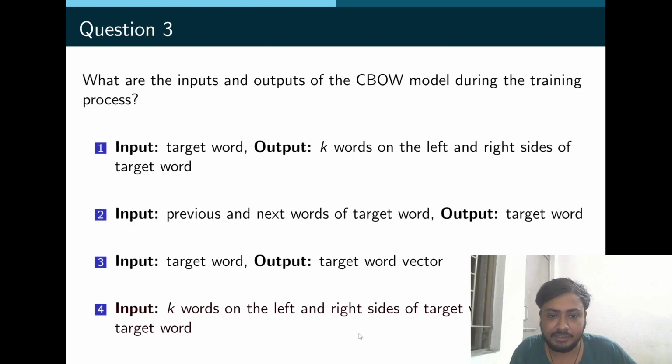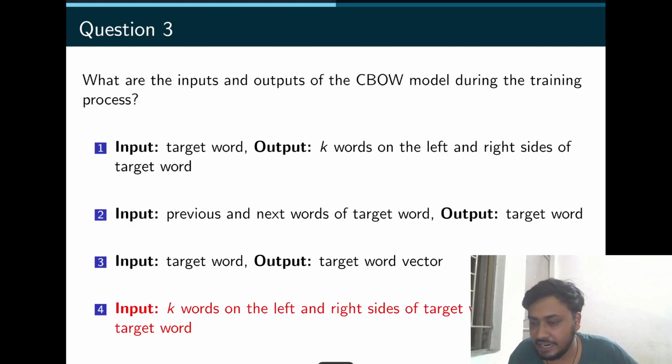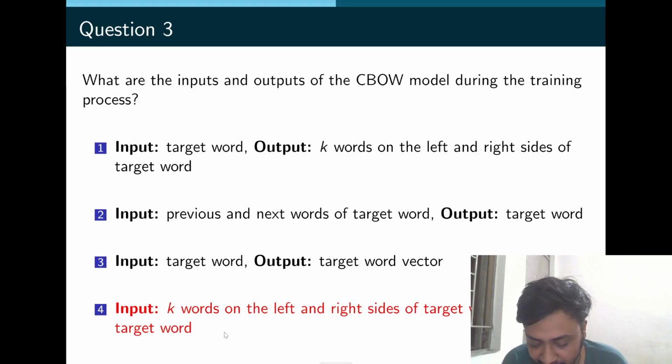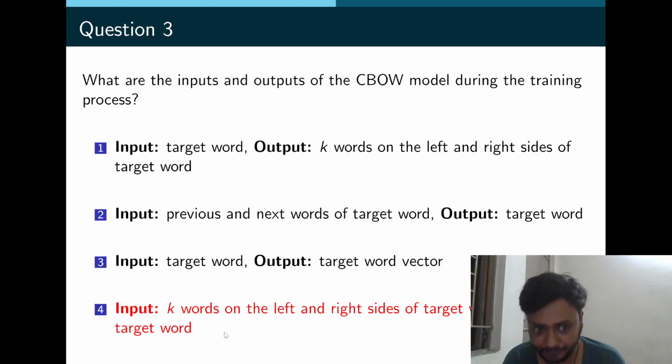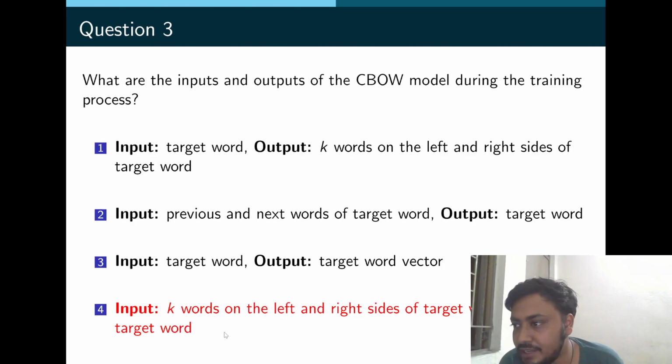All right, indeed you are right. This is option one. So when we do the predictive models, as you know, there are two predictive models. One is CBOW and the other is skipgram. In these two models, we feed the entire sentence, and we feed it in a way that the model has to predict something seeing something else in the sentence.